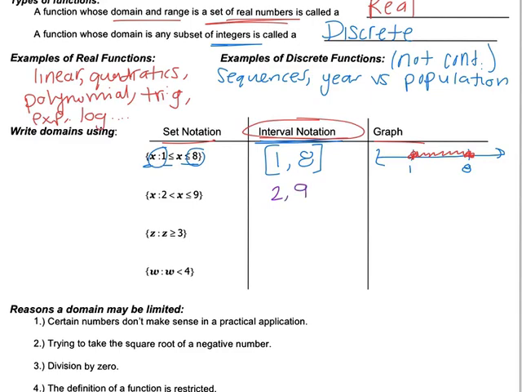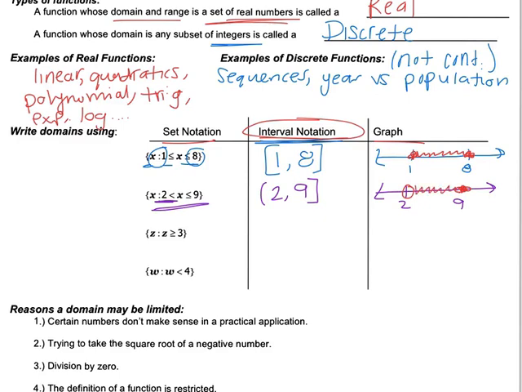Our lower boundary is not included. x is strictly greater than 2. So we use a parenthesis there, and that signifies that we are not including the value 2. It's just everything greater than 2. 9 is included, so we use the bracket there. So again, this interval notation is representing that same group of numbers from the set notation. On a number line, that would be everything from 2 to 9. We're not including 2. So that would be an open circle, closed circle on 9, and everything in between.